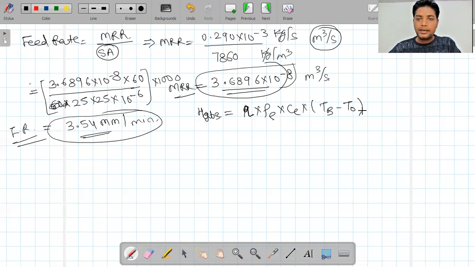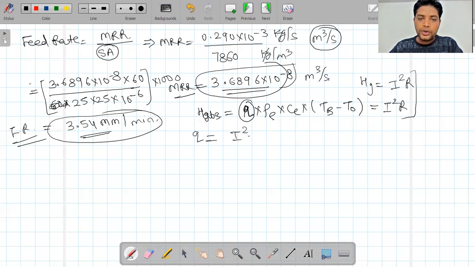And we also discussed that whatever heat is generated will be equal to I square into R. If nothing is given about the efficiency of the current, then we assume 100% efficiency, and this will be equal to I square into R. Now we have to calculate the value of Q. So from here, Q will be equal to I square into R upon rho E into CE into TB minus T naught.